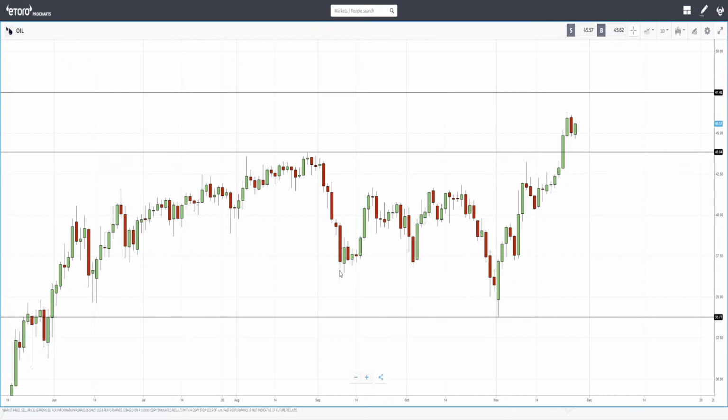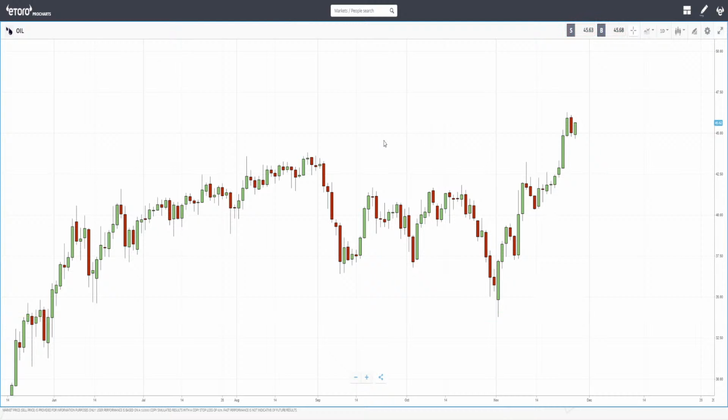I would also add these previous lows here as resistance, and of course this as support, and this as a major support. If this breaks, then we are going all the way down to 30. But at this point, that is quite far away in the future. So the way that you would delete these lines is that you right-click on the line and they vanish.